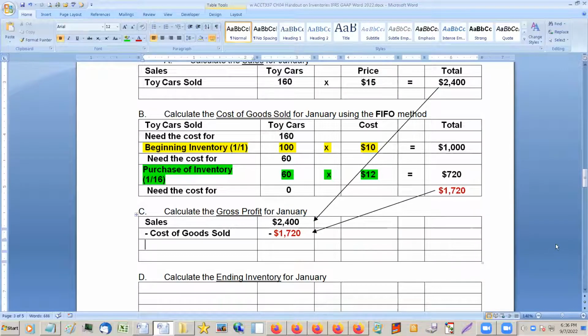And this will give us our gross profit or gross margin, same thing. $680. Check that. Yeah, 680. So this will be our profit.